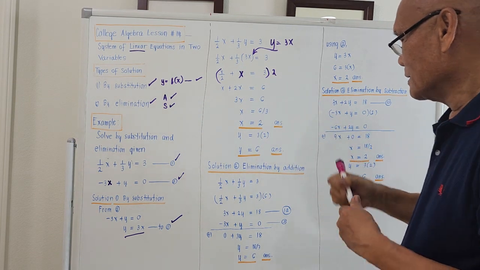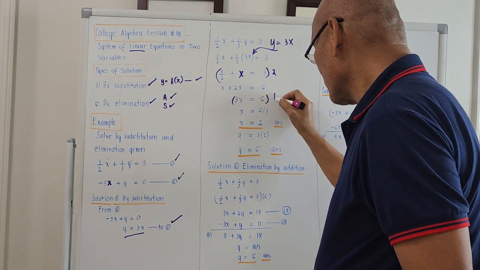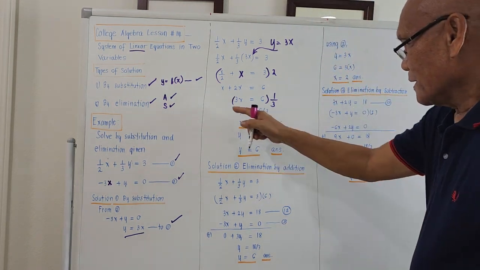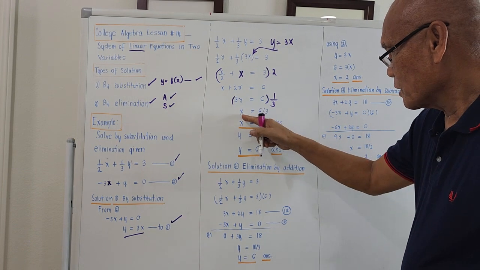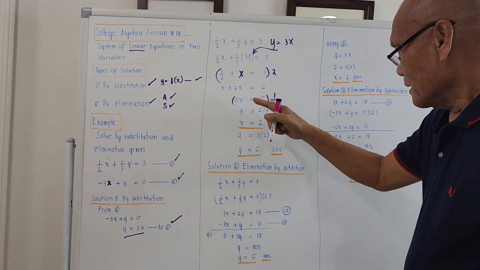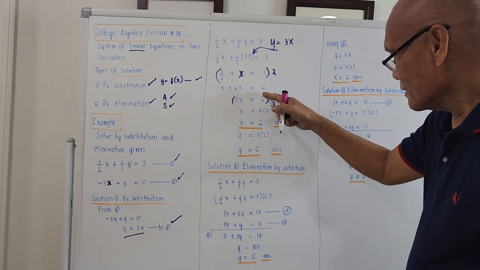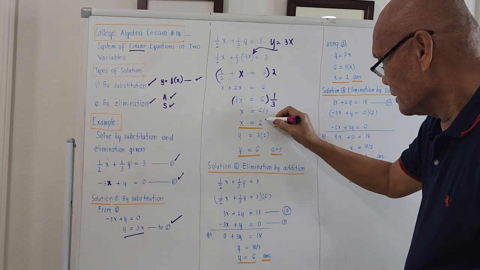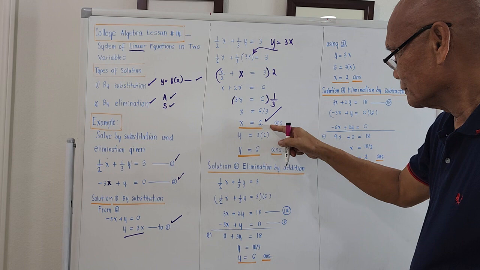Solving for x, we multiply by 1/3. 3x times 1/3, the 3 cancels, so x remains. On the right-hand side, 6 times 1/3, or 6 over 3, is 2. So the unknown value of x is 2.